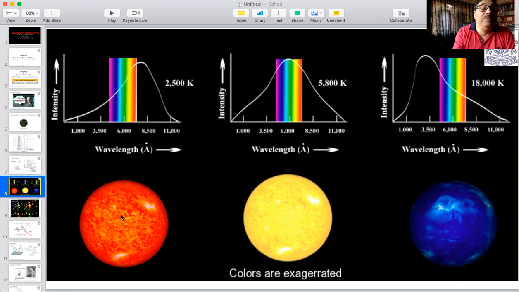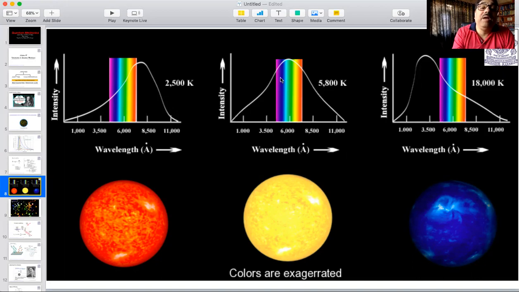So if you happen to see a red star, it's very clear that it's a cool star, cooler than the other stars. A star like our own sun is almost yellowish in color. The reason is that its temperature corresponds to the yellow color.